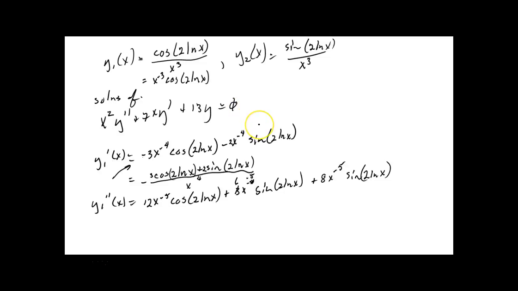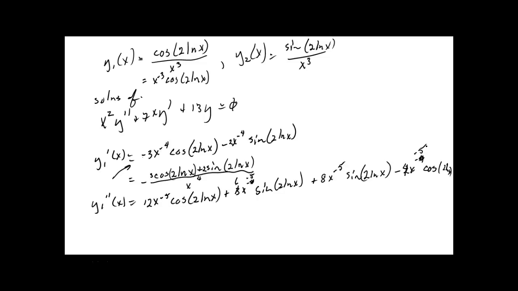Now this will then go back to being negative, right? Because that's going to be a 2x to the minus 4, and derivative of sine is cosine of 2 log x. I'm running out of room fast. Times 2 over x. So that's going to make that a 4 and that a minus 5. Okay.